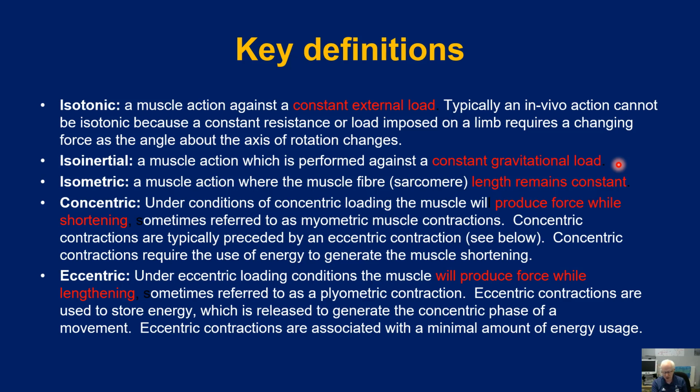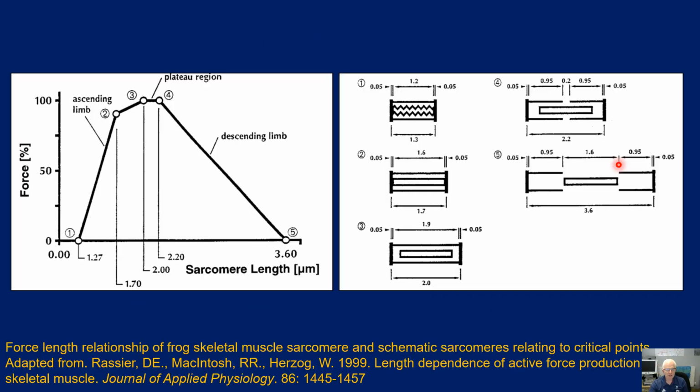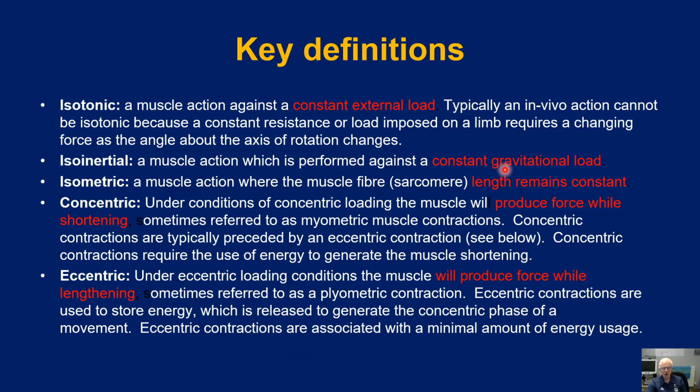It's clearly easier, as the length-tension relationship reports, at these sarcomere lengths around here, not here and not here. So when we do the squat, the only thing that remains constant is gravity. The majority of muscle actions that we do when we do strength testing are considered to be isoinertial and not isotonic.